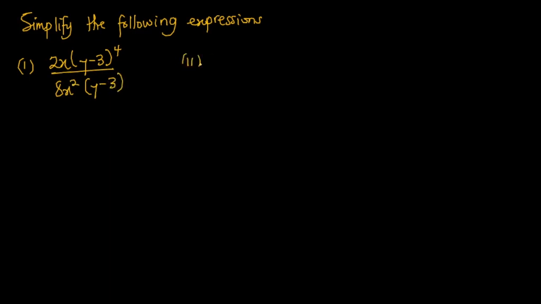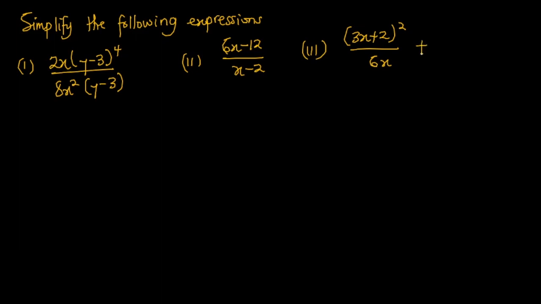Then II: we have (6x − 12)/(x − 2). Then the last expression we have (3x + 2)² on 6x + x^4 on 6x + 4. Alright, so these are the expressions we have to simplify.